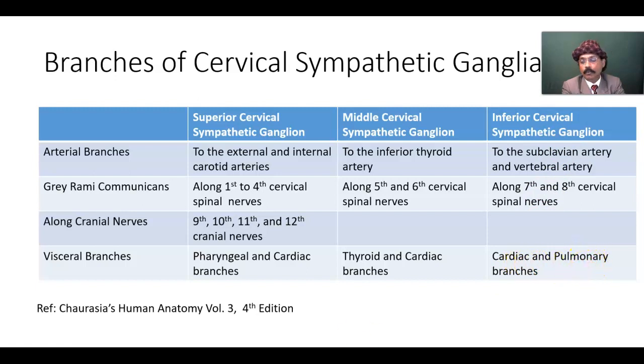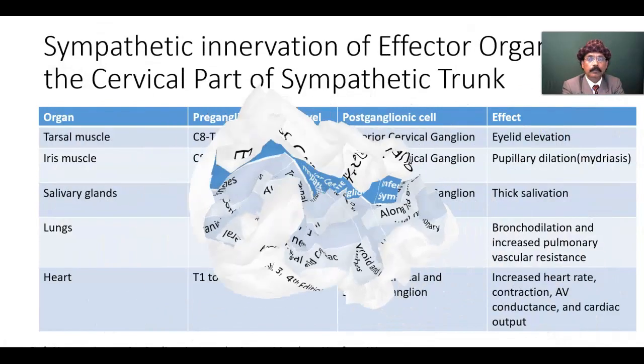Okay, we got the branches, gray communicants, arterial branches, and its passage through the cranial nerves to go to the ganglion and supply the structures supplied by the ganglia.